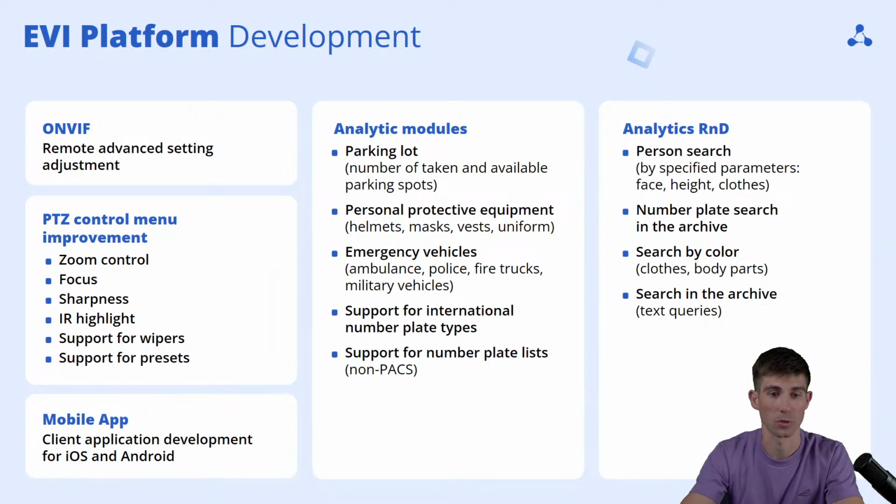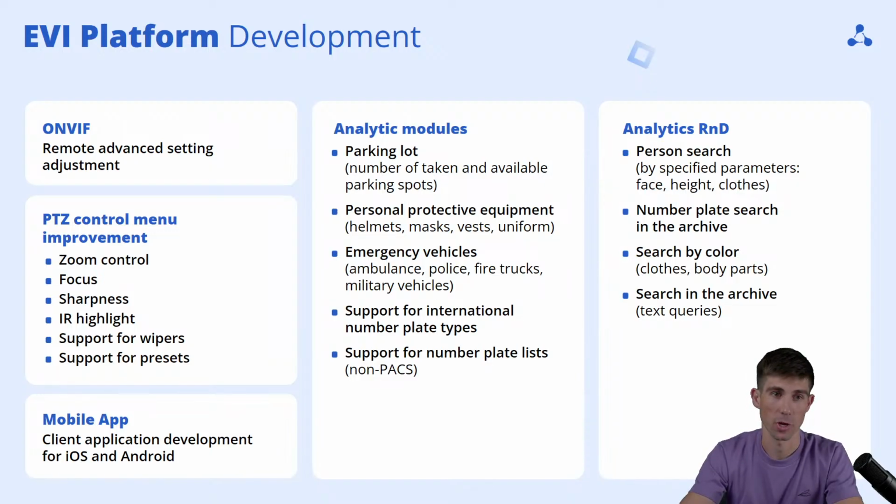And also number plate, as I mentioned before, extension of the list of countries that we have support for number plates. Various types of personal protective equipment are planned to be supported in the next versions, and also emergency vehicles is one of the things we are going to add.